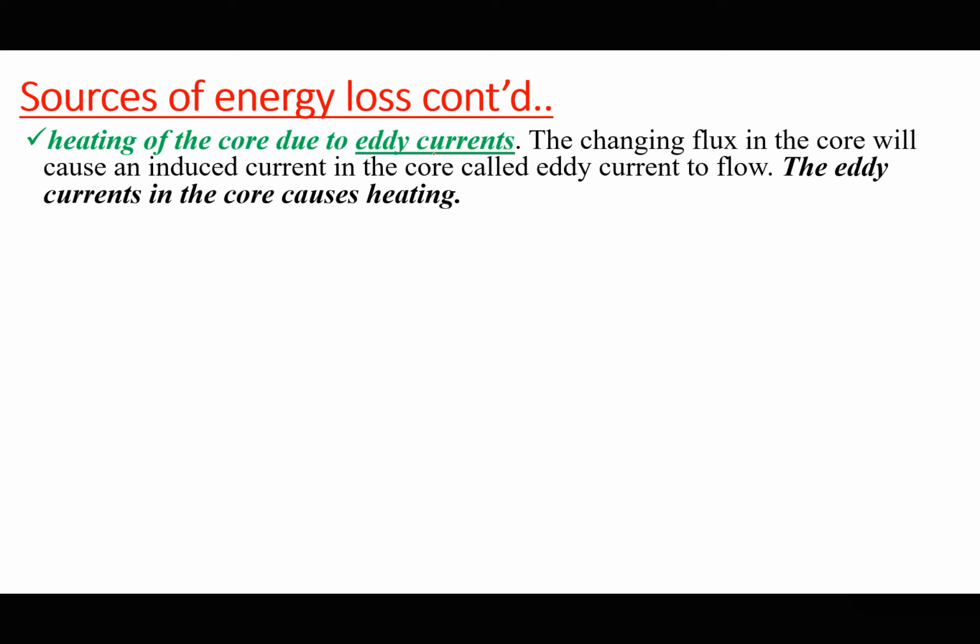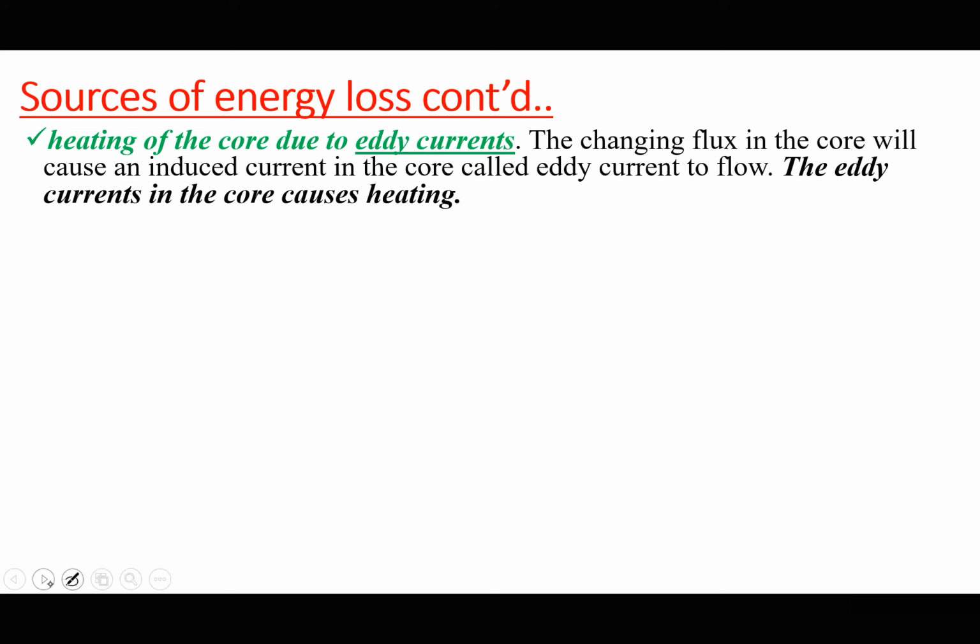The eddy currents will cause heat because the core has some resistance. And remember they keep changing directions too, they cause the core to warm up. So energy is wasted due to eddy current heating of the core. That is the third source of energy loss.